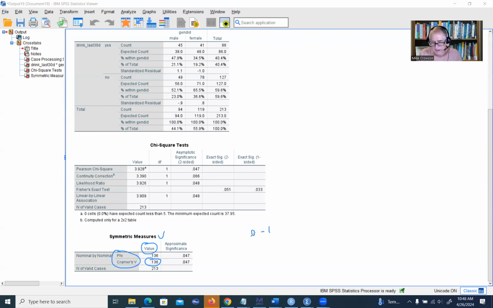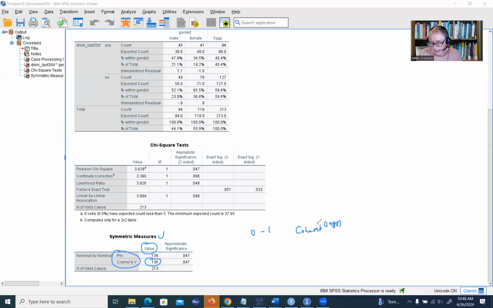And we can judge the magnitude of the relationship between our two variables in part by referencing Jacob Cohen's 1988 recommendations, or Cohen's standards for judging effect size.